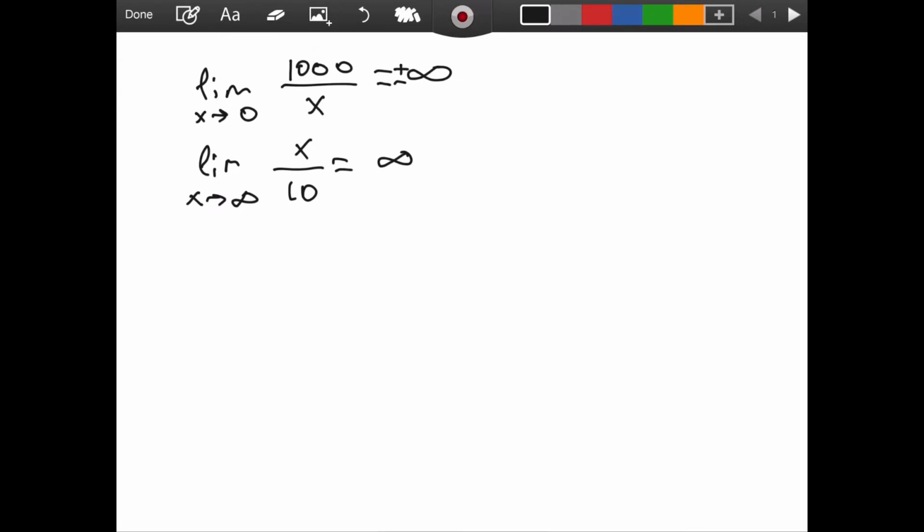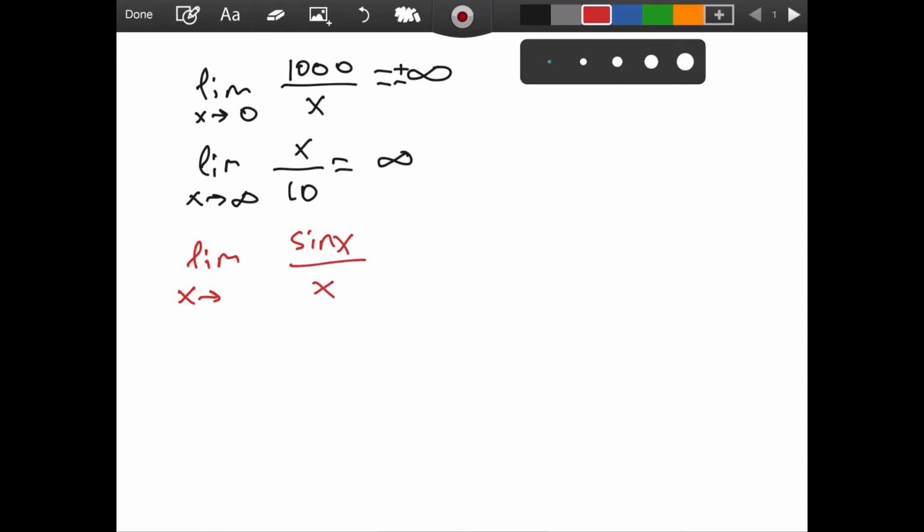But there are indeterminate forms. What might an indeterminate form be? For example, if we have the limit as x approaches infinity of sine of x divided by x, and excuse me, this is not infinity, this is 0. For our case, it will make sense otherwise.